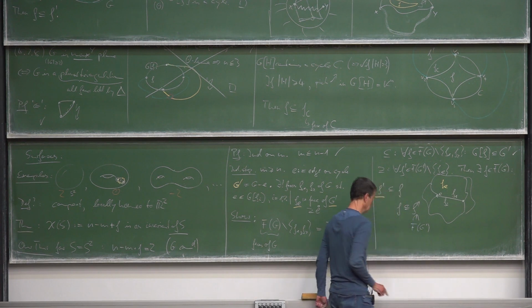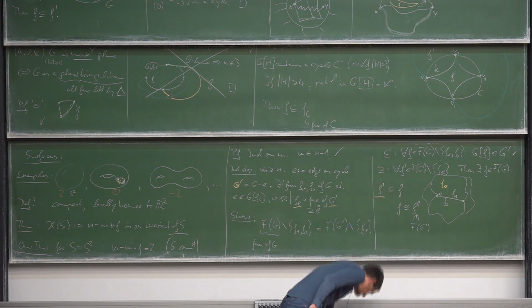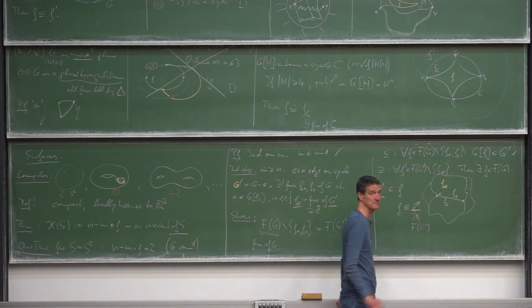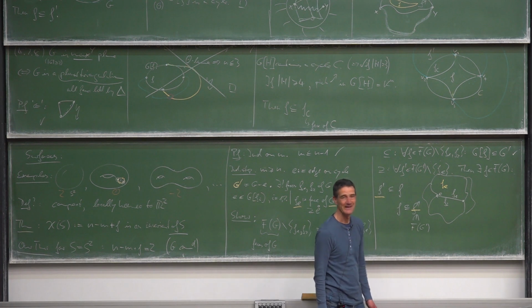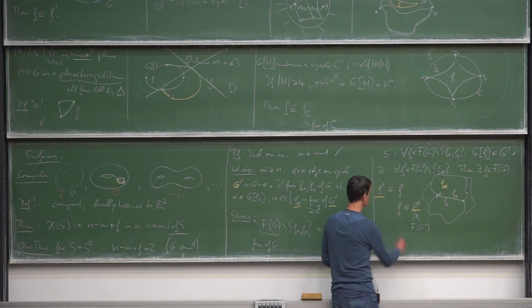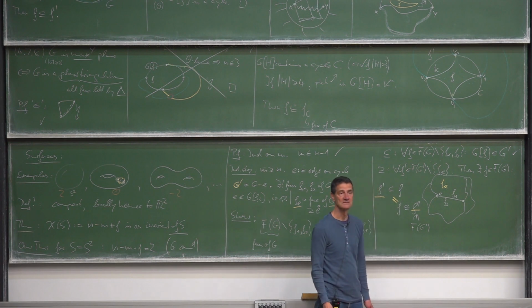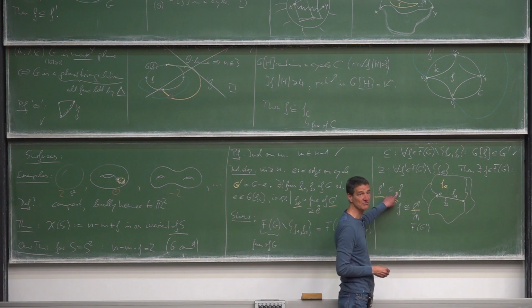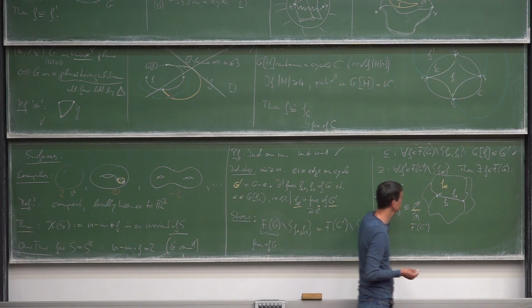Now we have one face F prime of G prime, and we have another face of G prime, and this is supposed to be contained in that. And that can't be if the faces are distinct, so they're the same. So in particular, there's equality here and there's equality there. So F prime is in fact equal to some face F of G.